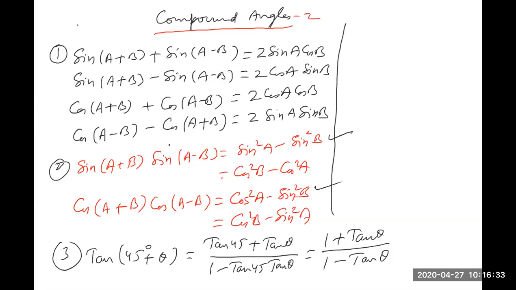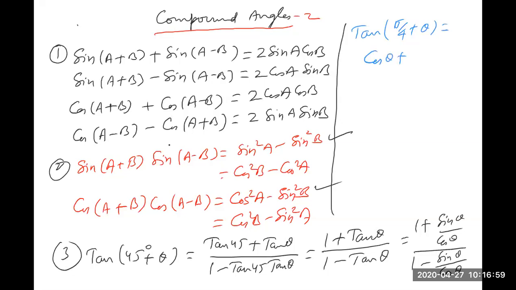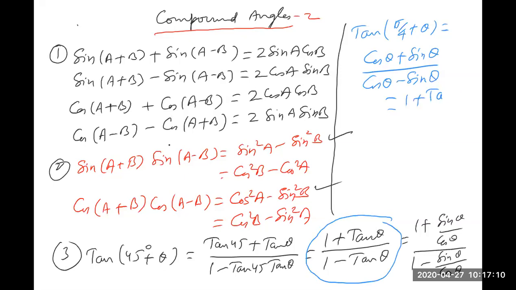Now, further you can convert this in the form of 1 plus sin theta upon cos theta upon 1 minus sin theta upon cos theta. Take LCM. So this formula can be written in another form: tan pi by 4 plus theta is equal to cos theta plus sin theta upon cos theta minus sin theta, and from the previous step you can write it as 1 plus tan theta upon 1 minus tan theta.